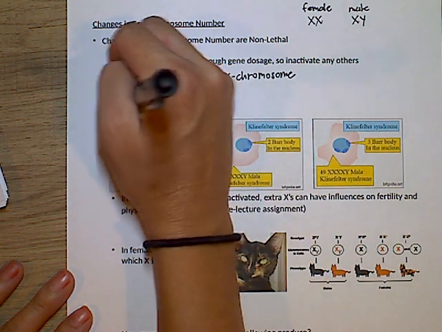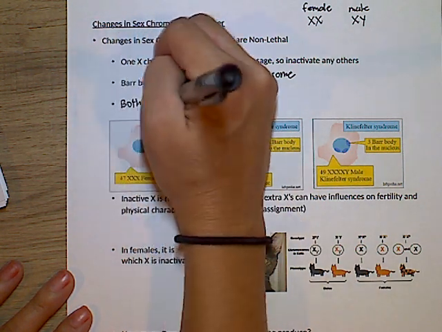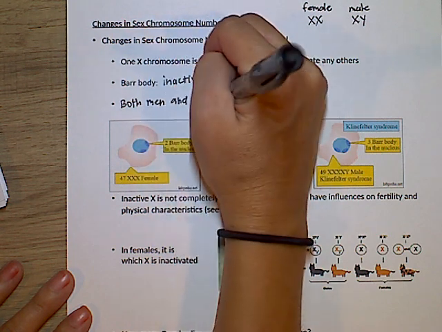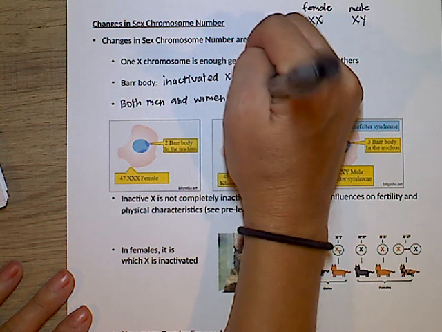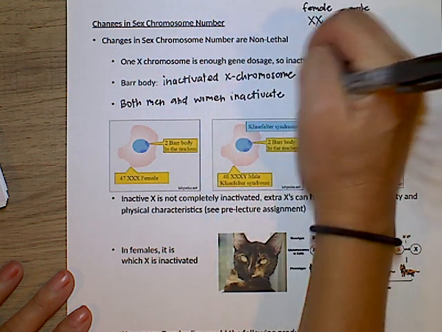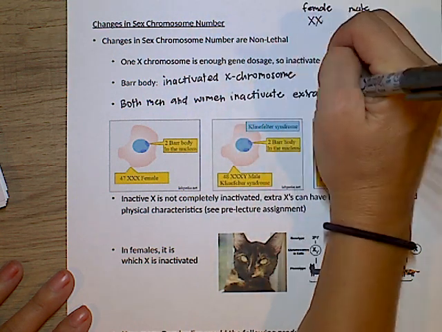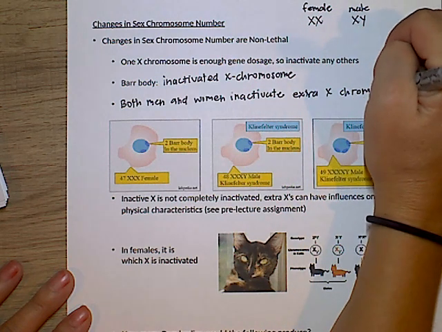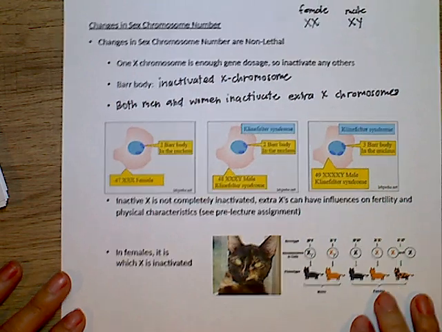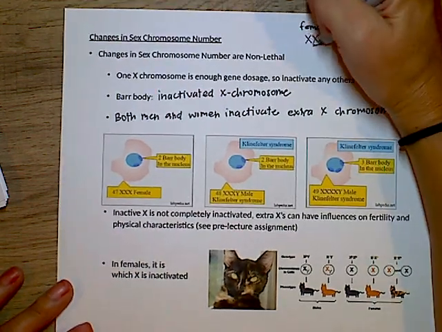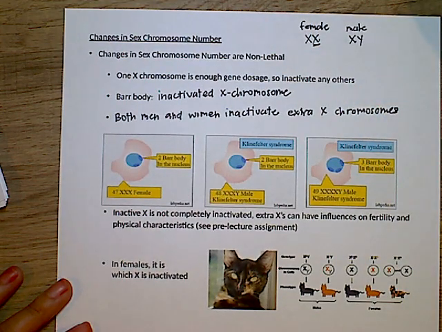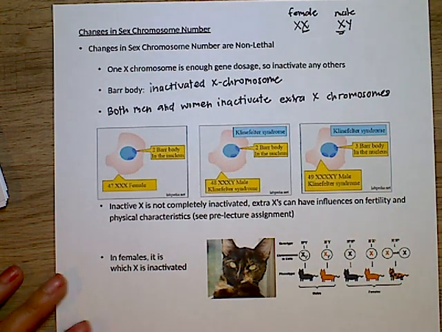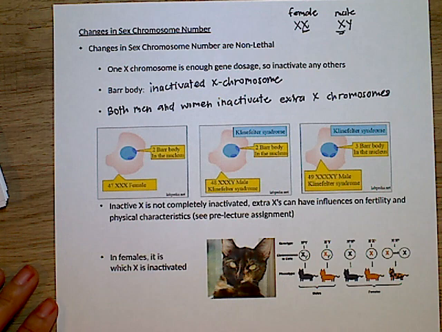And both men and women inactivate extra X chromosomes. So you can see here that females do have an extra X in a normal situation, but males don't. But we'll get to the abnormal situations.